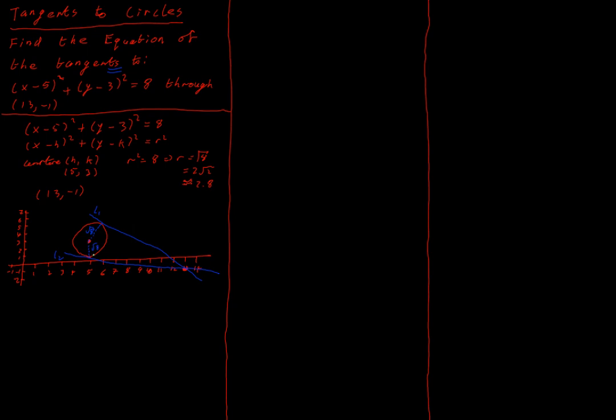It's going to be the same. And these lines are perpendicular to these dashed lines that I have come out here. So the perpendicular distance from L1 and L2 is going to be root 8. And I know that it goes through the point 13, minus 1. And I know my perpendicular distance is from the point 5, 3.